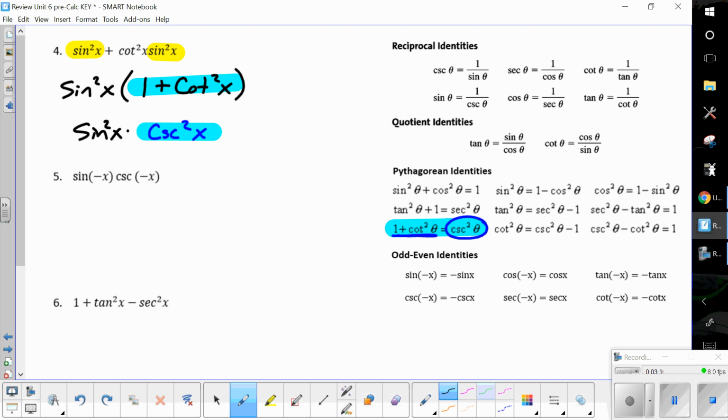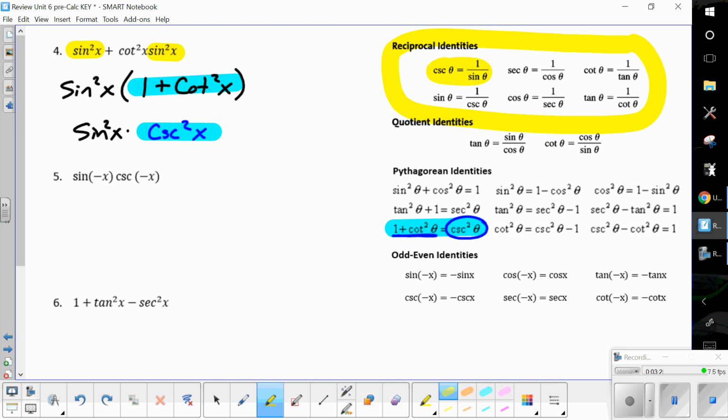Okay, the next thing I can do here is go ahead and look at these reciprocal identities. Now, these reciprocal identities also work with squares. And I notice the very first one here, cosecant of theta is equal to 1 over sine of theta. Now, if I were to square this left side, I could square the left side as long as I squared the right side. And if I squared there, that would just turn into 1. And if I squared down here, technically, all of this right here is going to turn into 1 over sine squared.